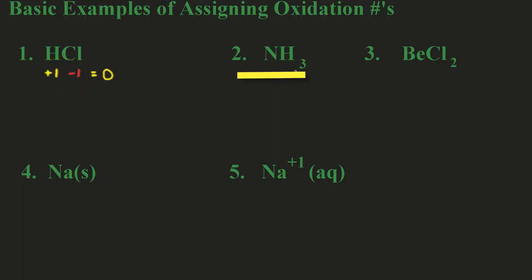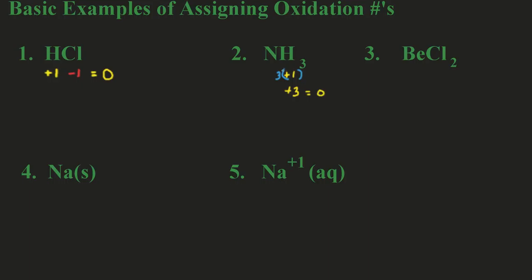Again, another scenario in which we don't have anything besides hydrogen and some other element. So when assigning, you would put a +1 here. But there are 3 hydrogens. So you do 3 times a +1 to get us a +3 charge. Now what you do is you ask yourself, what must I add to a +3 to make it neutral?